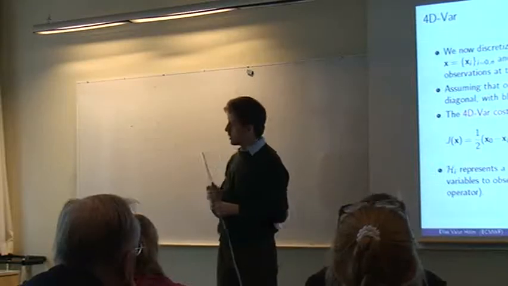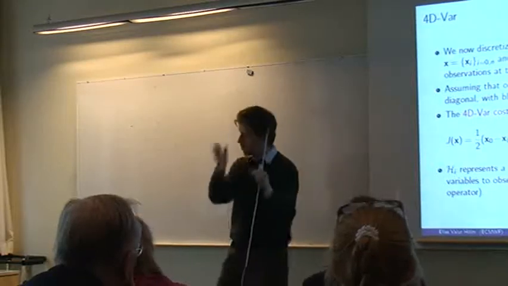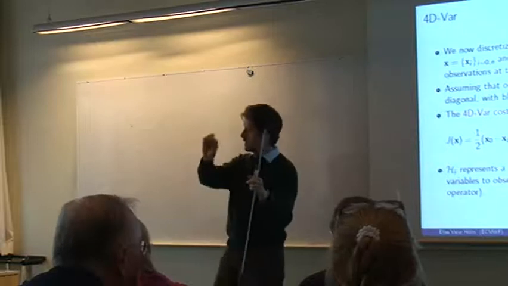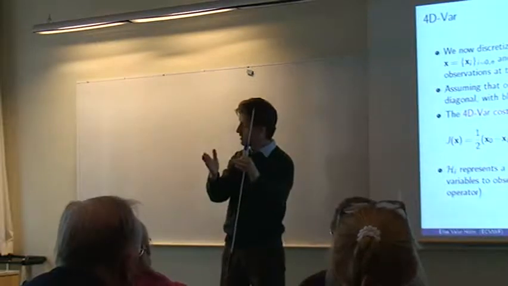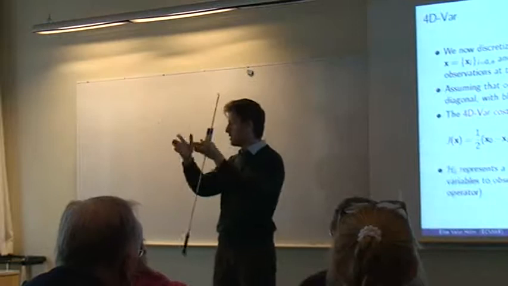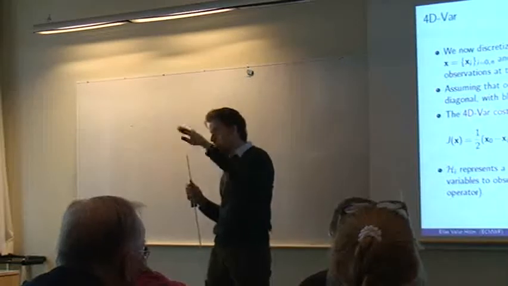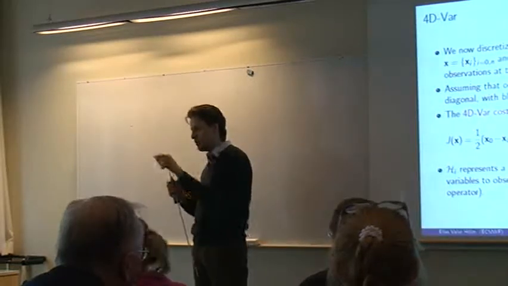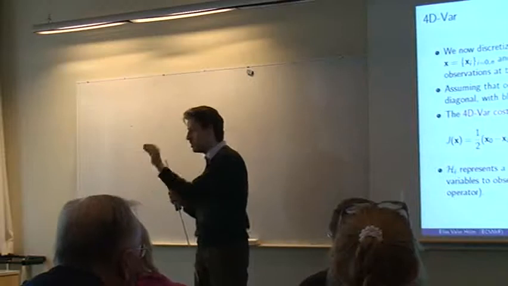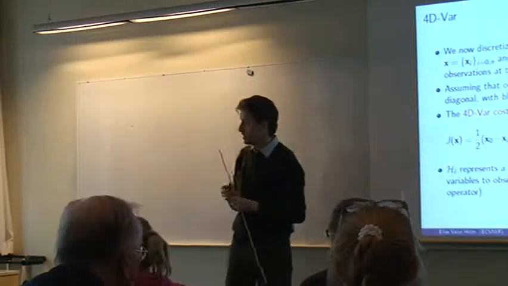But in 4D, you would take different parts of this and say, okay, in this particular time instance, this year I observed so many, next year that many, and you would try to compare that with the evolution of the model for each year in that instance. That's the difference.